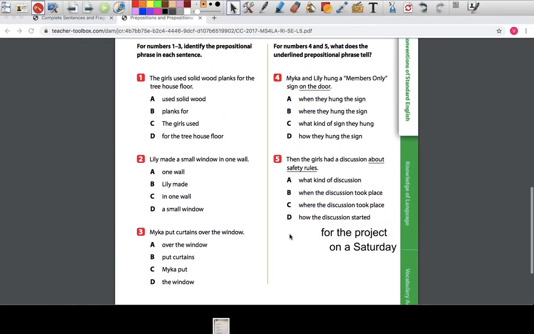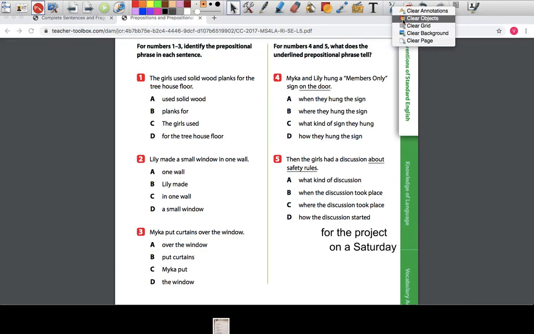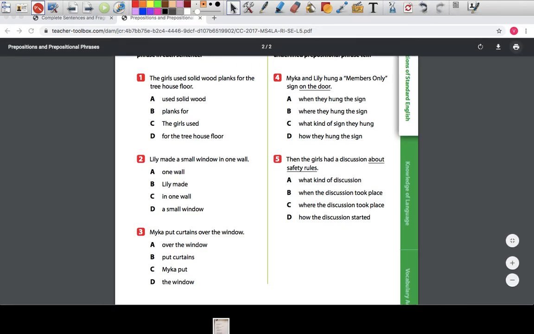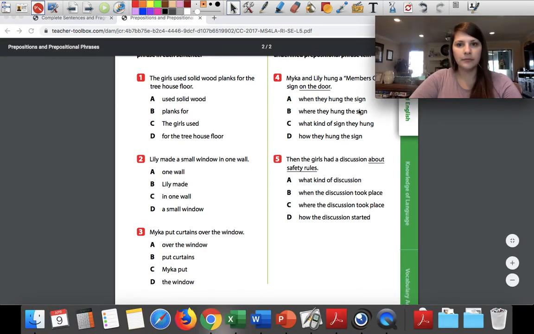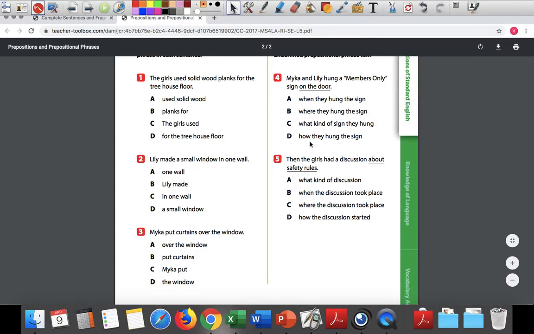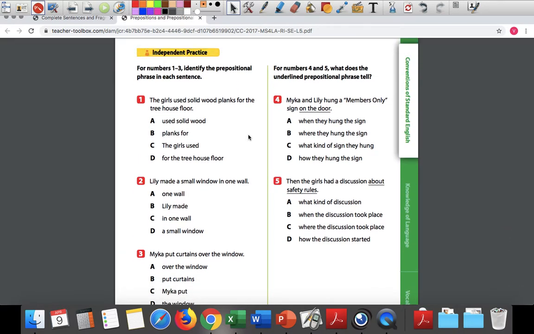Okay, so this was the independent practice. All right, number 1. Actually, let's go back and look at the directions. For numbers 1 and 3, identify the prepositional phrase in each. So it's not asking us to circle the preposition and underline the prepositional phrase.